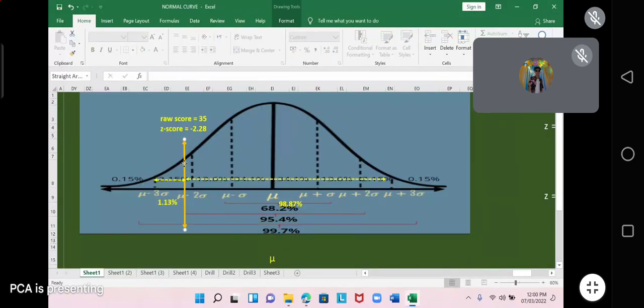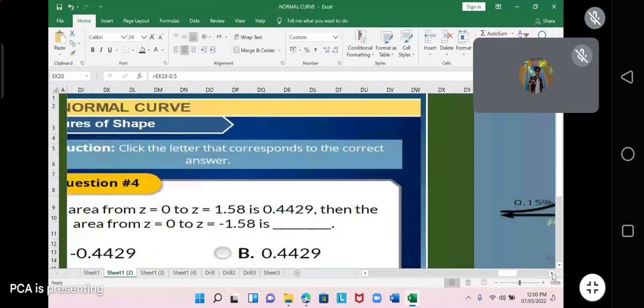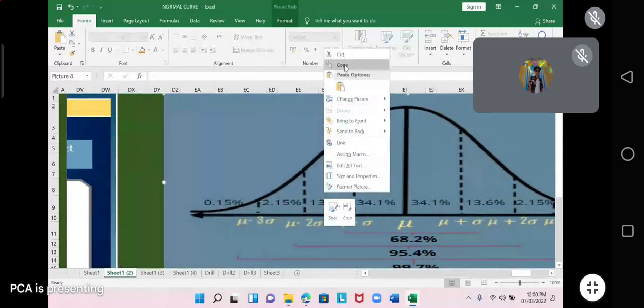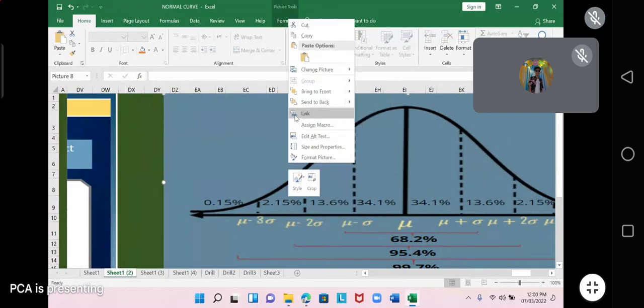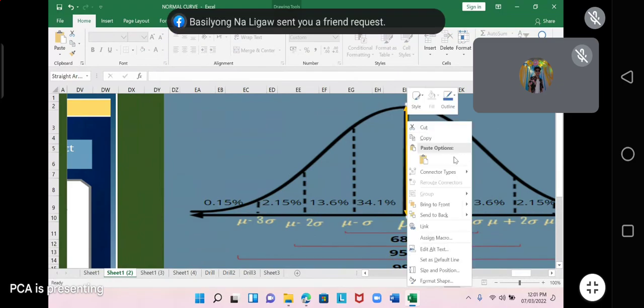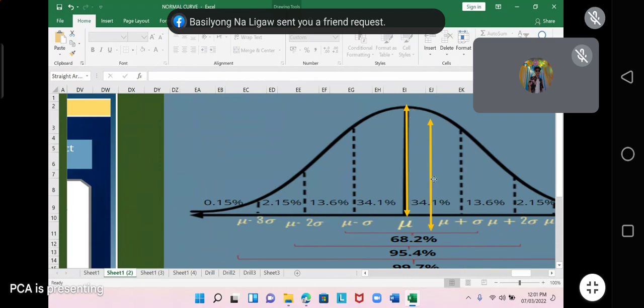Para hindi tayo may, kasi pagka hindi natin siya naintindihan sa curve, if we do not understand it in the curve, then we seem to lose our mind and say, it's not there, sir. Okay. So from 0, it's here, no? And then we create another one. Okay, it's 1.58.